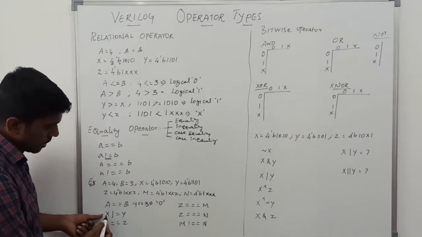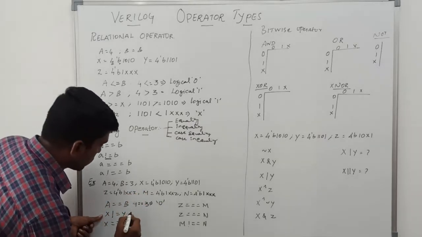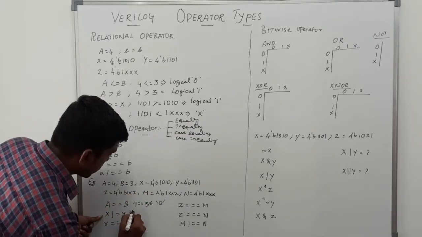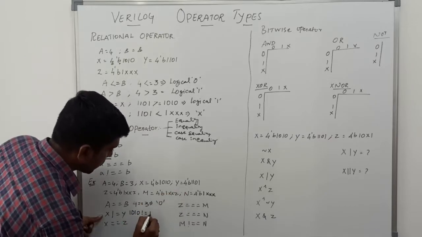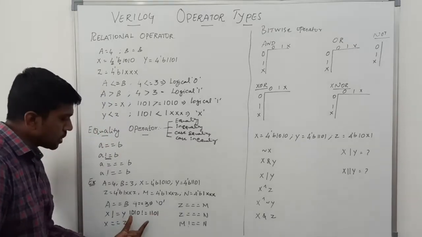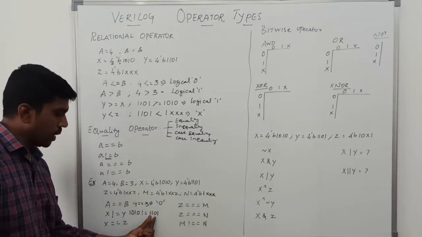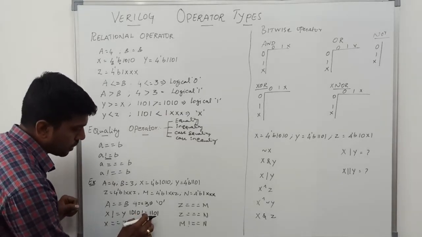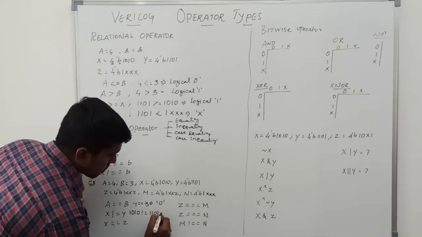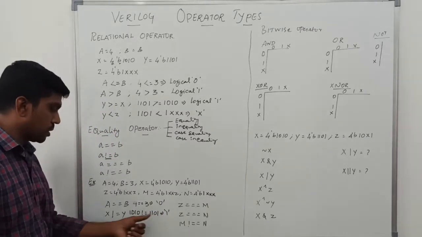The next case, X not equal Y. X value is 1010, not equal to Y value 1101. You check the condition: X operand is equal to Y operand, or not equal. Here it is not equal, so this condition is true and it produces logical 1.